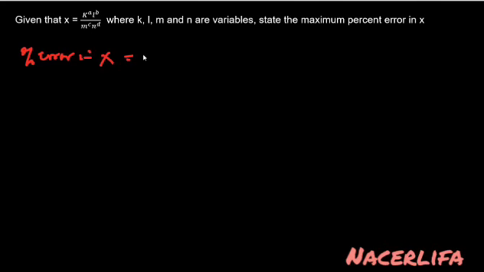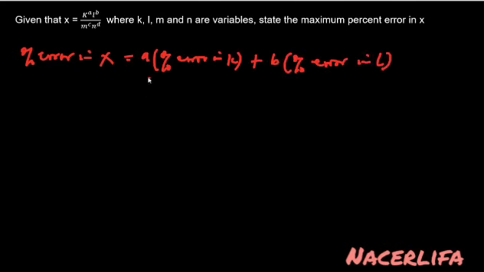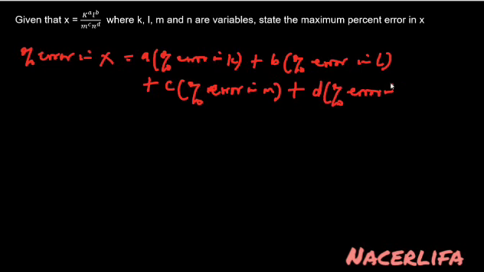So you have a times the percentage error in k, plus b times the percentage error in l, plus c times the percentage error in m, plus d times the percentage error in n.